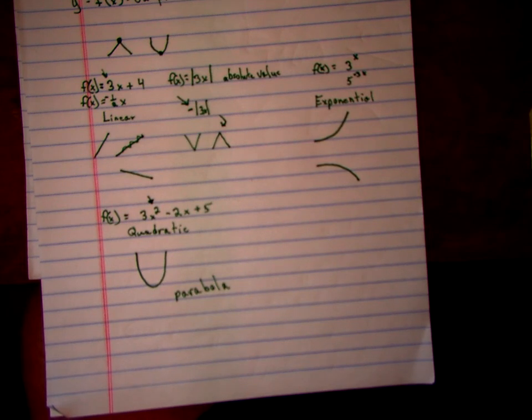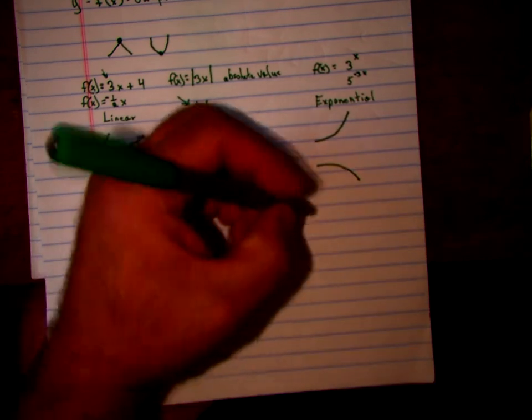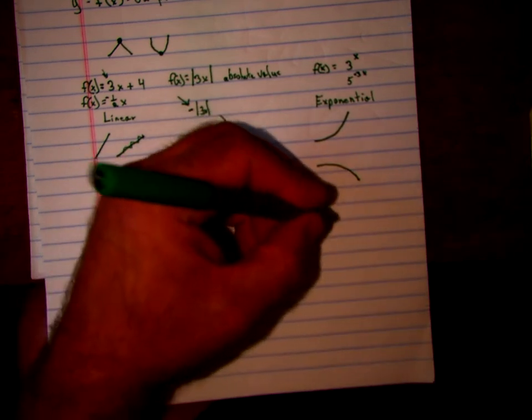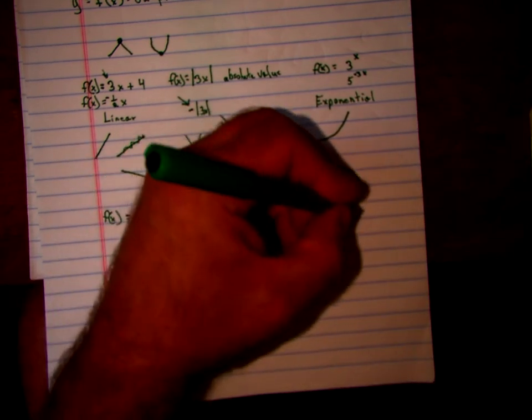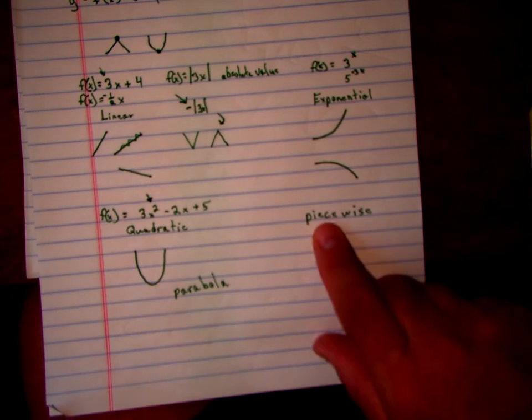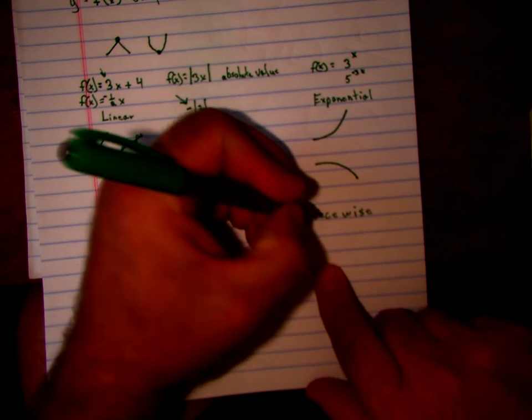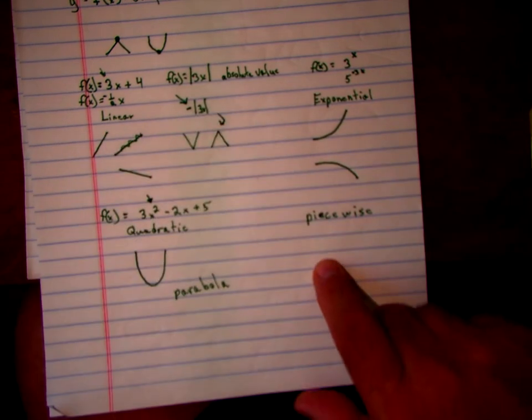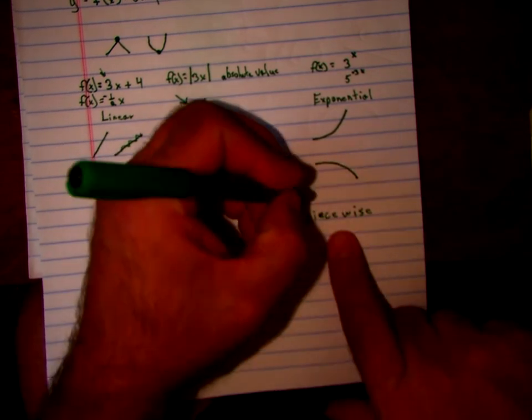And believe it or not, the fifth function family is called piecewise. Because it usually contains more than one piece, correct? It's called piecewise for a reason. Now, a lot of times it's linear piecewise.